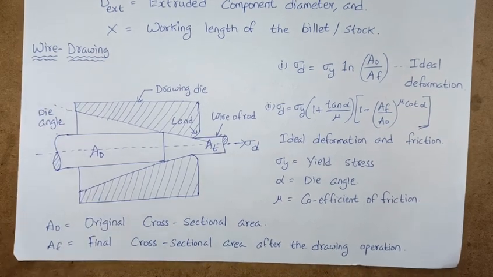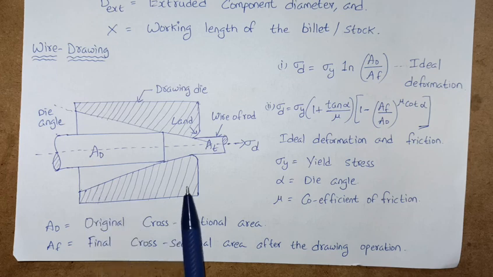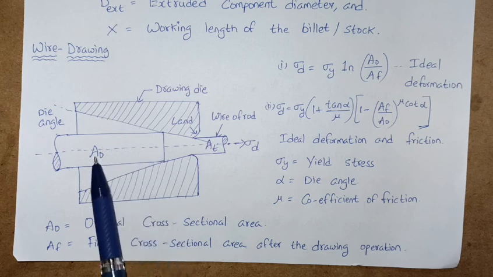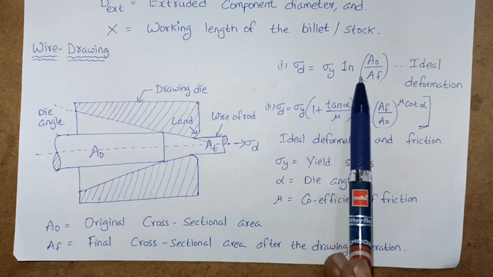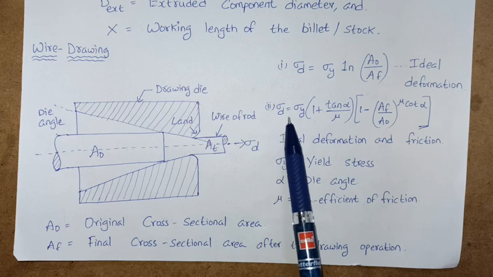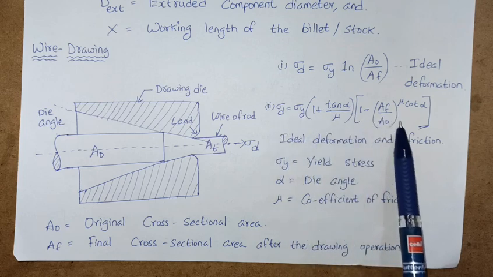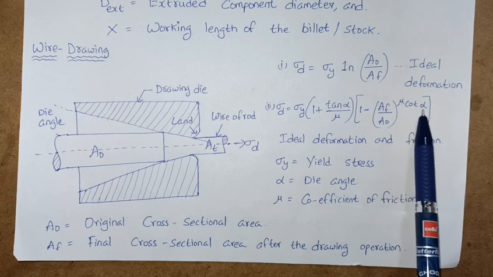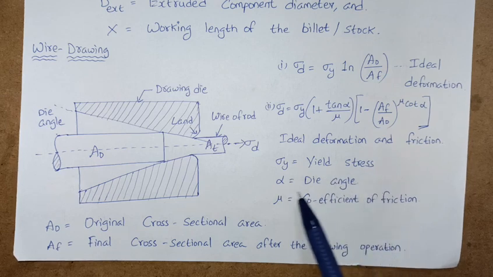Wire drawing. This is the diagram of our wire drawing, and we'll see how things are related to wire drawing. Sigma d is equal to sigma y ln(A0 by Af) for ideal deformation, and sigma d is equal to sigma y into (1 plus tan alpha by mu) into (1 minus (Af by A0) to the power mu cot alpha) for ideal deformation with friction, where sigma y is the yield stress, alpha is the die angle, and mu is the coefficient of friction.